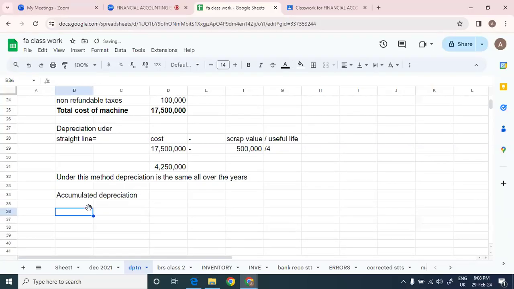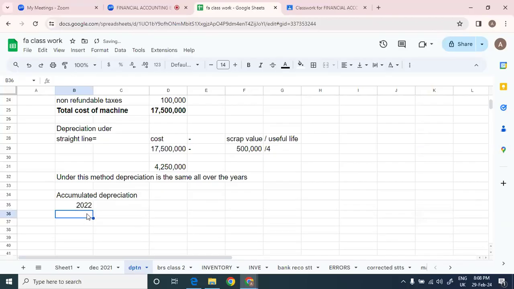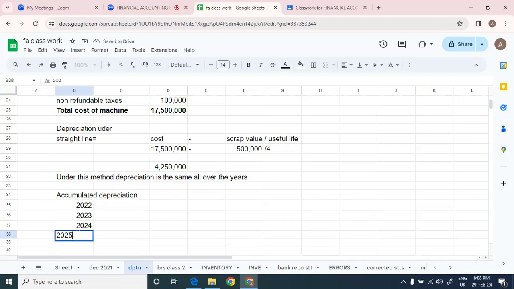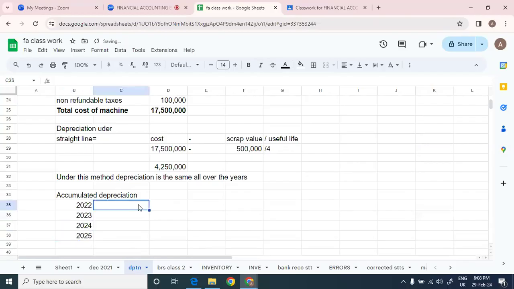our accumulated depreciation here, we are going to have 2022, 2023, 2024, 2025. Depreciation is the same all over years. Here it is this one, also up to these years.